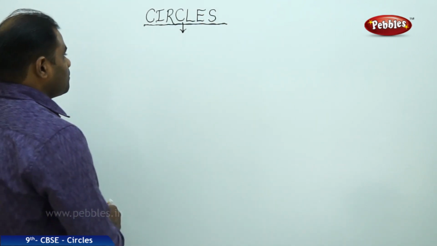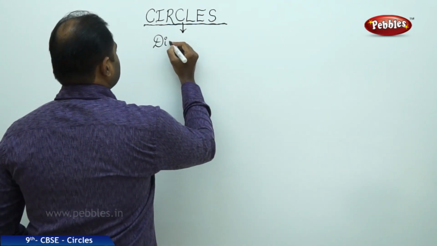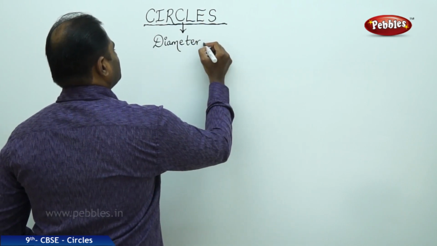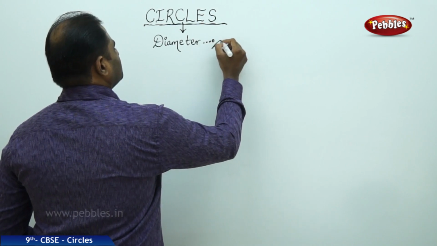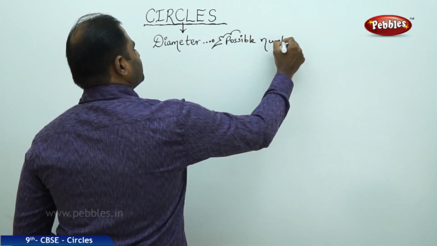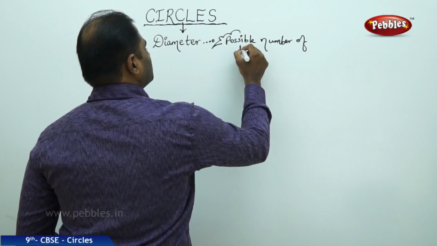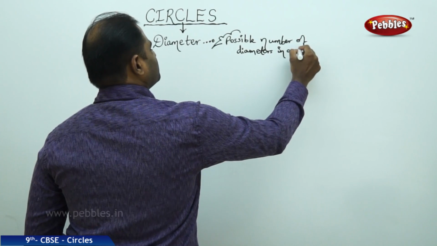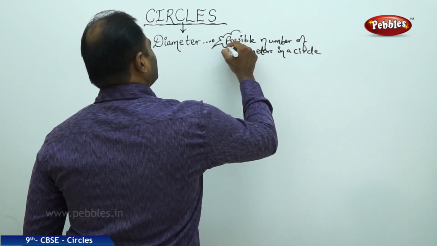Today's session is about the possible number of diameters which can exist in a circle, investigating the number of diameters in a circle.